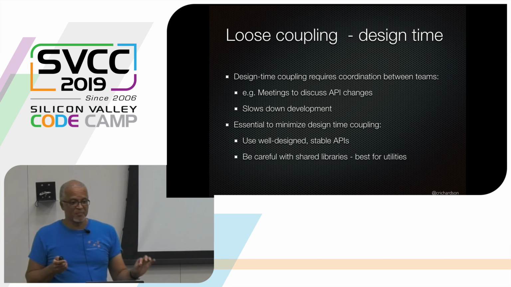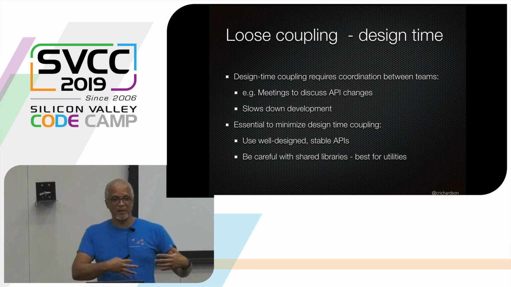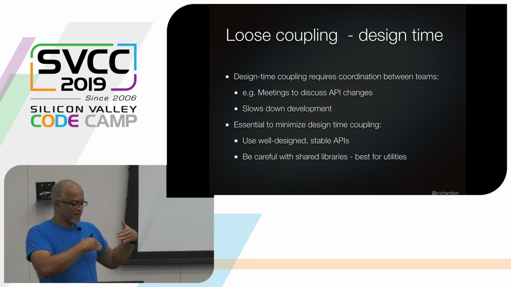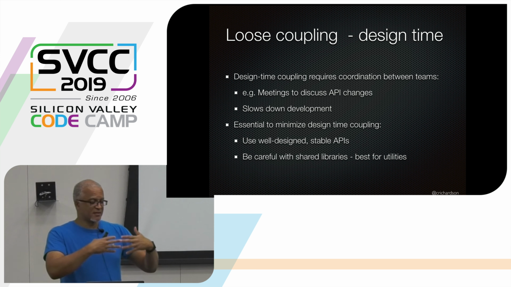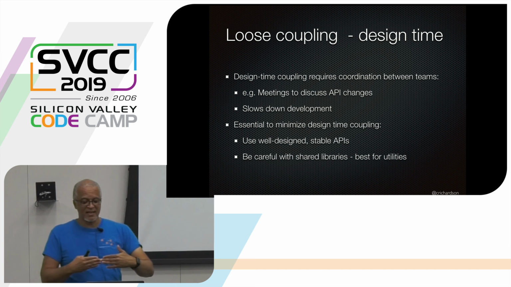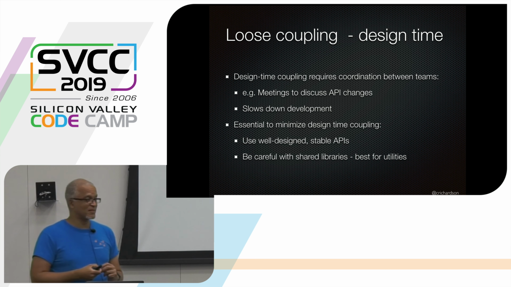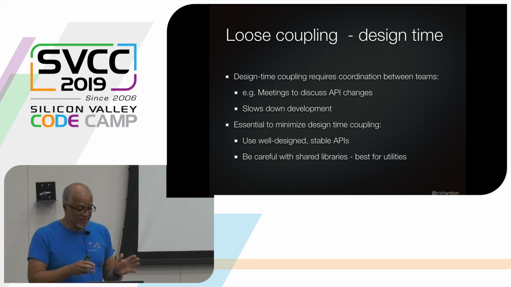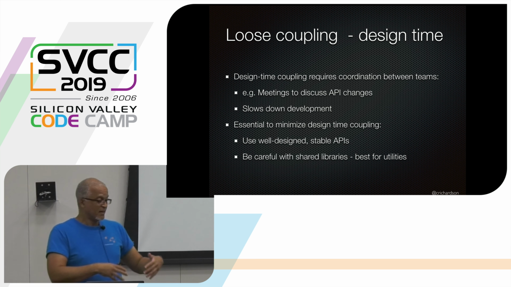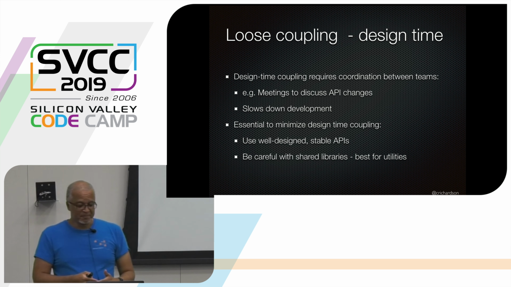And that's particularly problematic, because remember, the goal is for these teams to work independently most of the time. But if the order service team is constantly having to deal with changes to the customer service API, which will probably involve meetings with the customer service team, in order to plan the changes and discuss them and review them and so on and so forth, that's really going to slow down development, right?